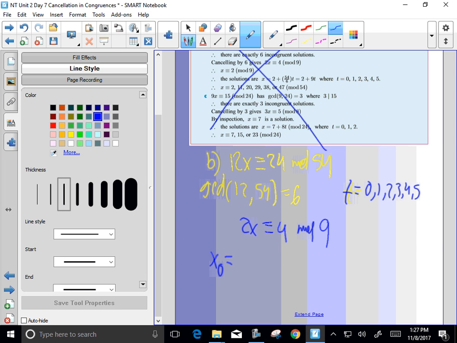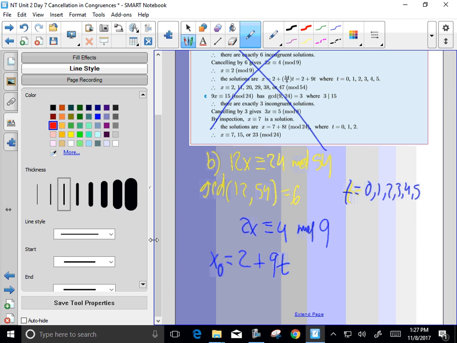I divided 12x by 6, all these by 6, because the GCD is 6 and these are divisible by 6. Okay, then your x is x0, which is 2, plus 9t.